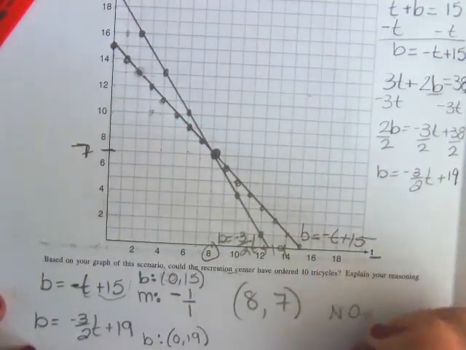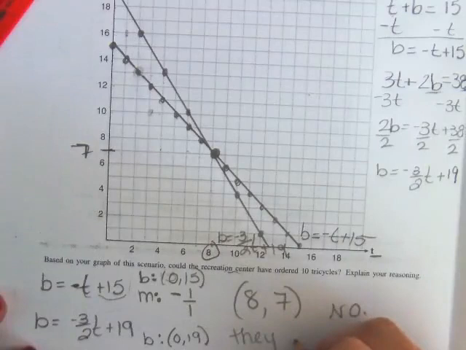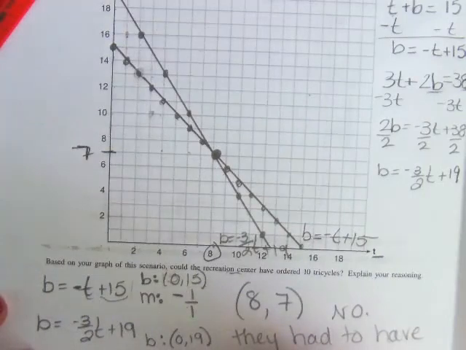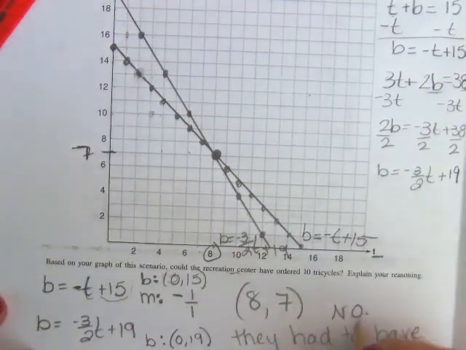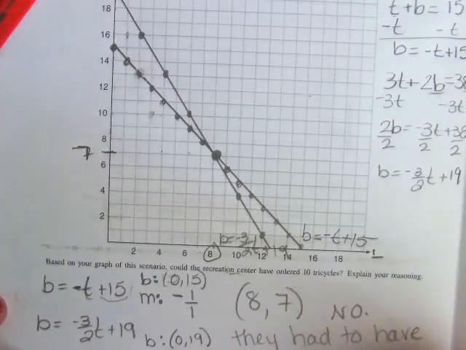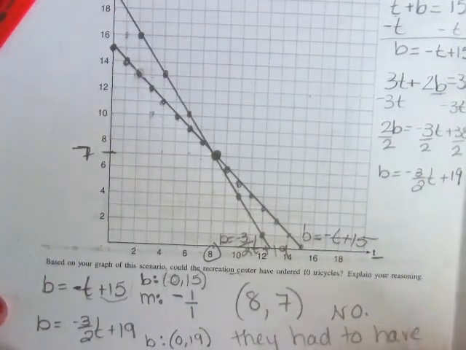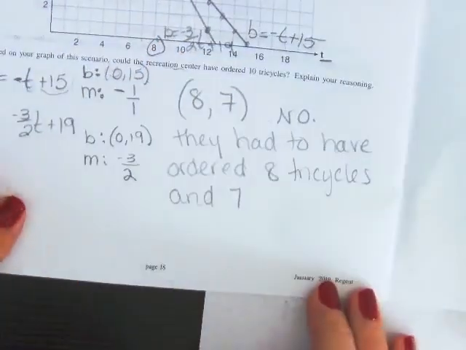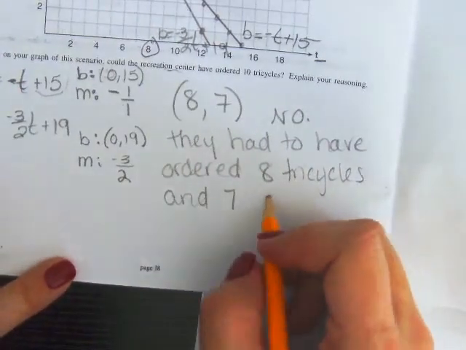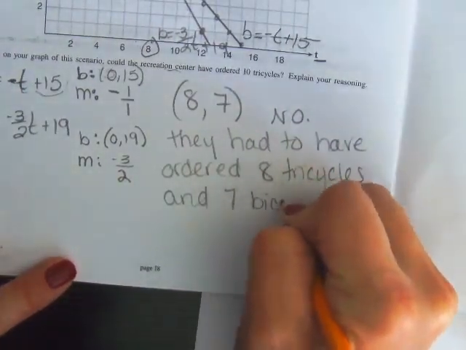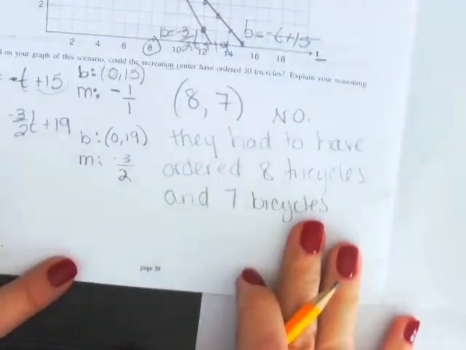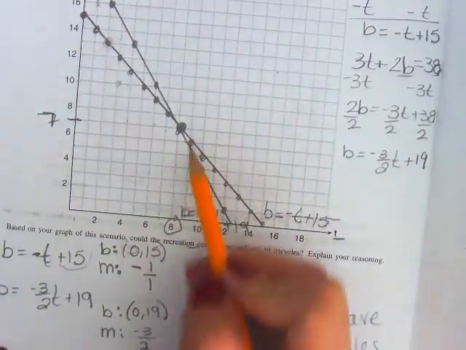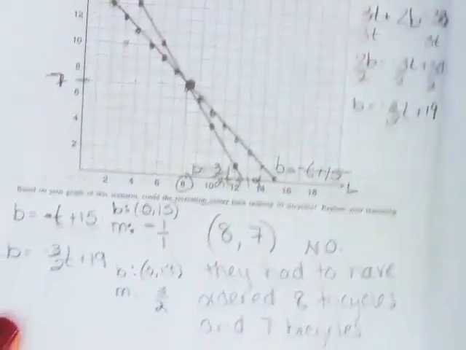So the answer is no. They had to have ordered 8 tricycles and 7 bicycles. And the reason for that is because our graphs cross at 8, 7. And that is the solution to the system.